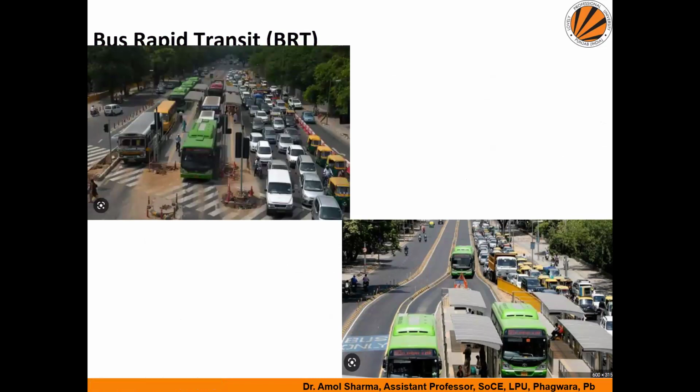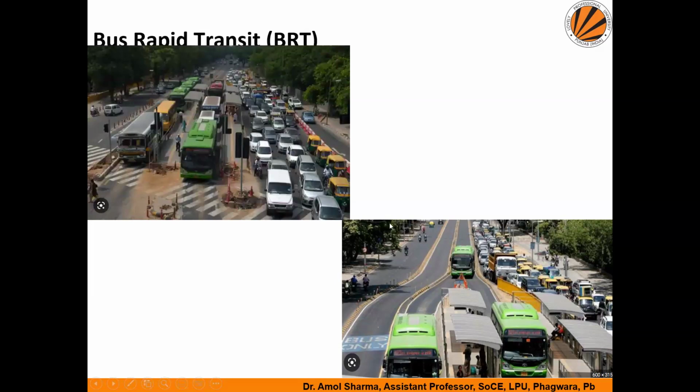And the onboarding and offboarding of passengers happens at dedicated bus stops, which are provided at level to the bus operations. In this way, the buses can reach their destination within the stipulated time and they don't have to mix with the flow traffic conditions in the other lanes.